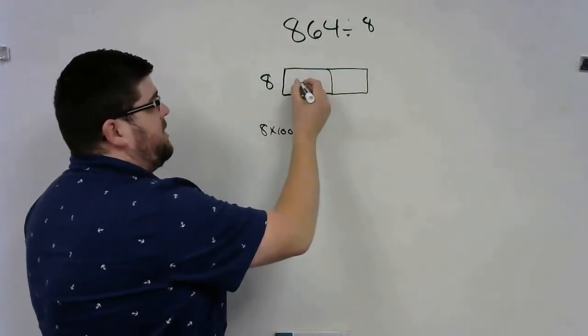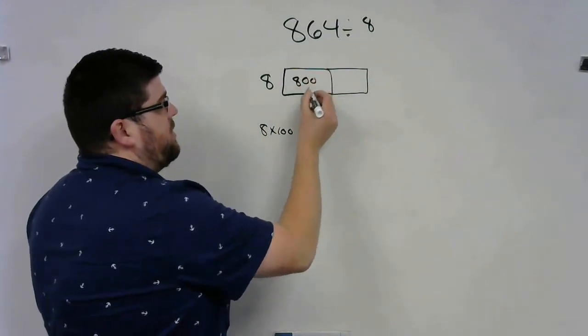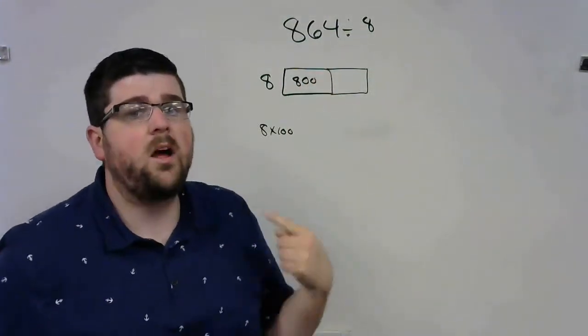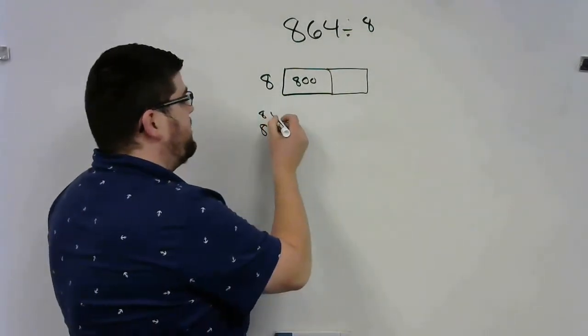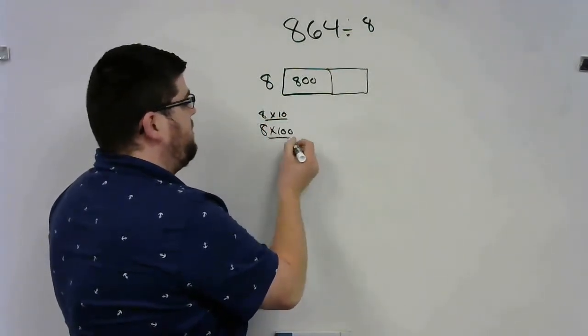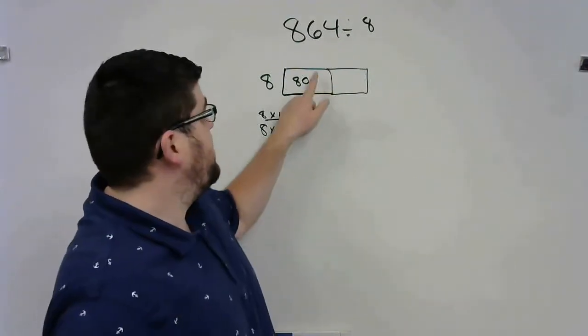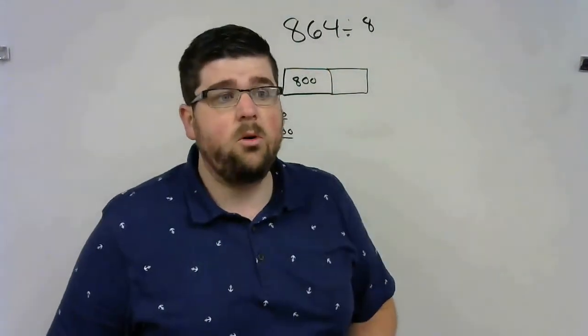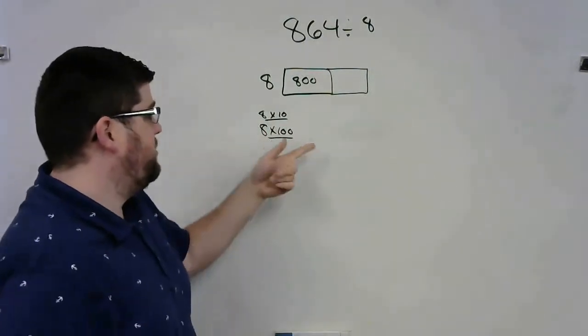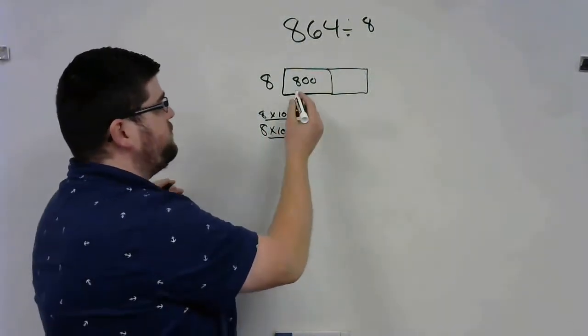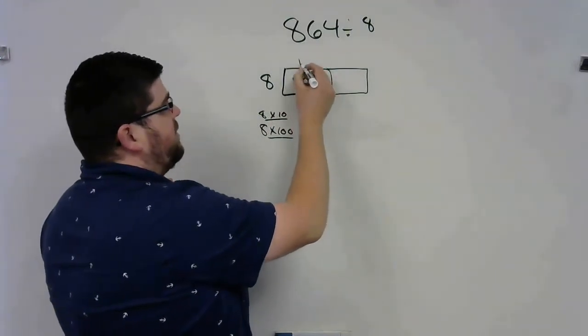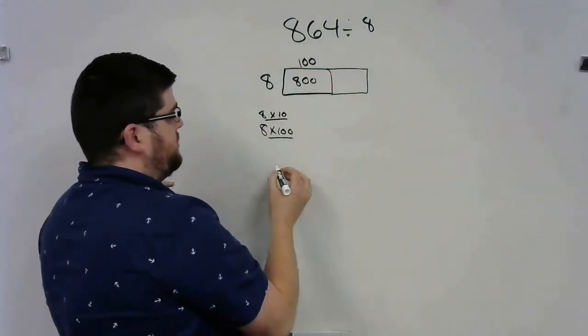I'm going to put in here 800, because 800 is 100 multiples of 8. If there's any place where I can deal with 8 times 10 or 8 times 100 to help me get my division answer, I will always do that. So 8 goes into 800 100 times.